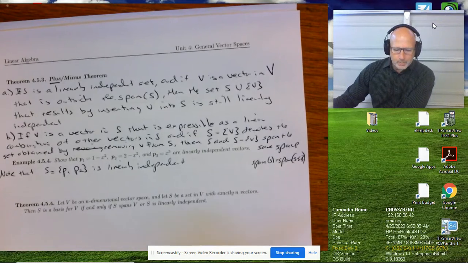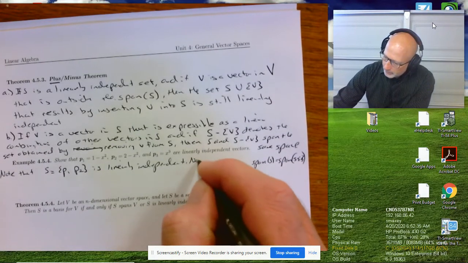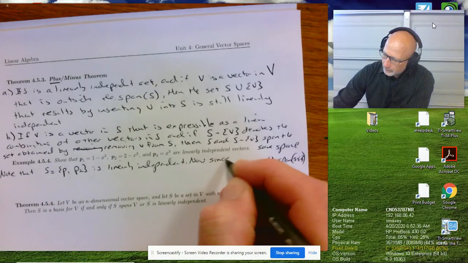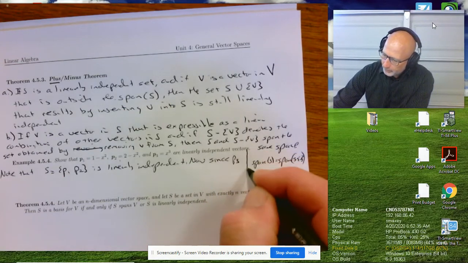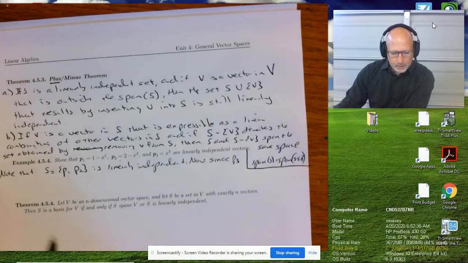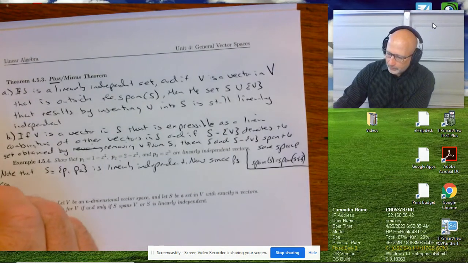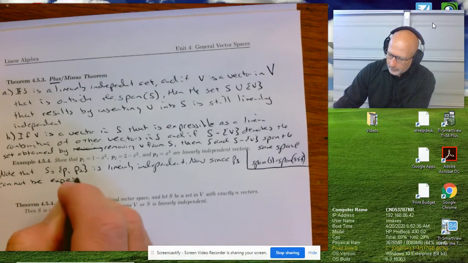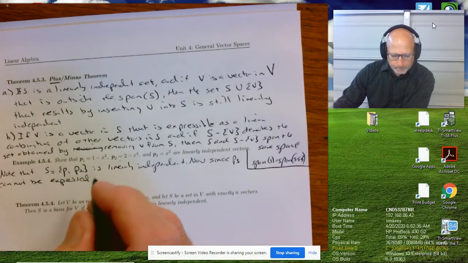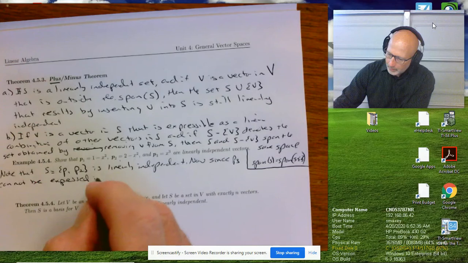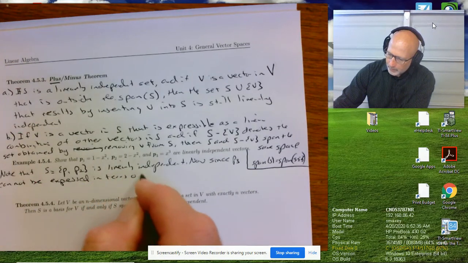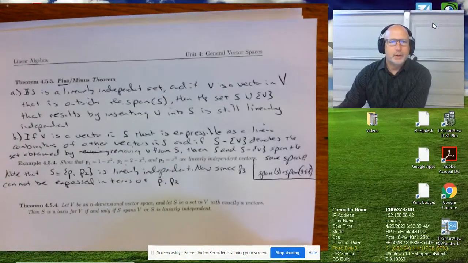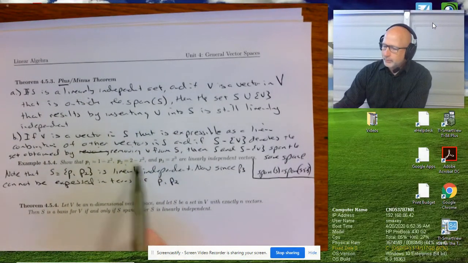Now, since P3 cannot be expressed in terms of P1 and P2, hopefully that's very clear why. This is an x cubed and those only have x squareds.